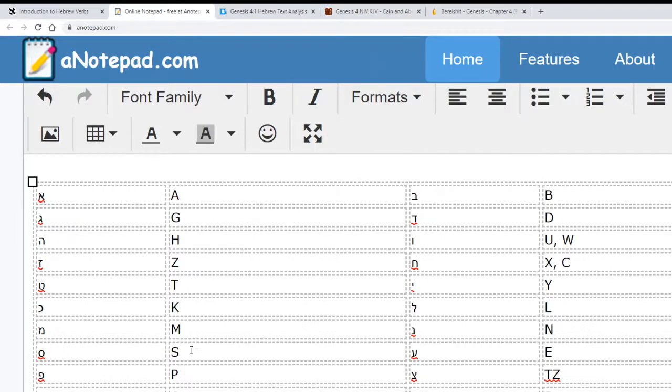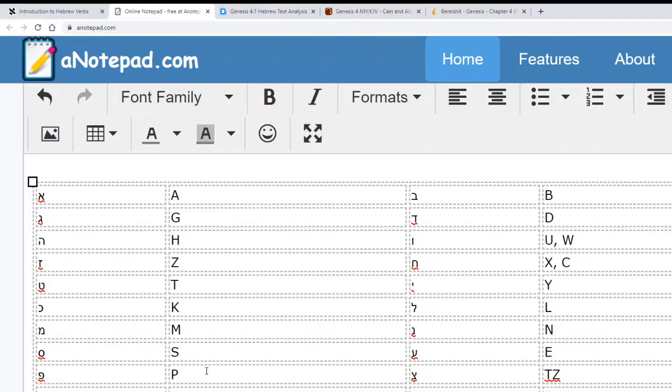Ayin, I am very careful to always do aleph with an A and an ayin with an E. Of course, they're both silent in the way most people say Hebrew, so it's up to you. But ayin with an E is pretty common.